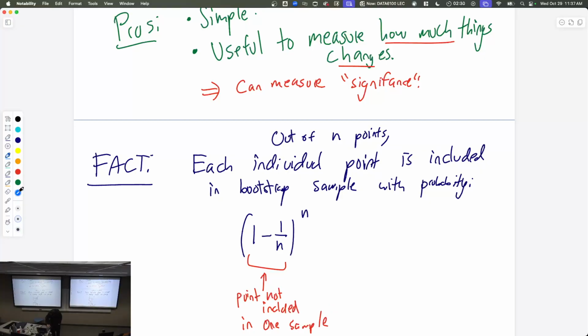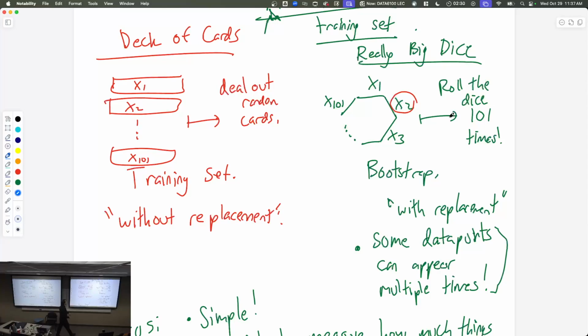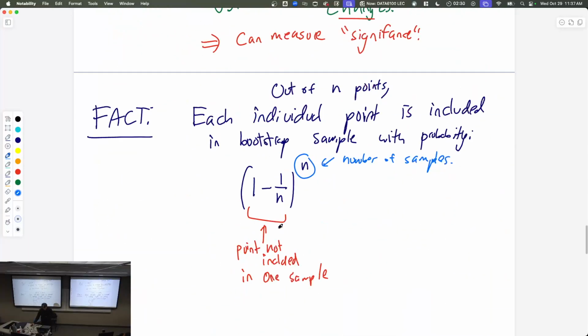And then n is the number of samples. Okay, so you're rolling this dice and you're saying, hey, what's the chance that I roll this dice and x2 never comes up? Well, in one individual roll, the chance of x2 not coming up is 1 minus 1 over n, right? If there were 100 points, it would be 99 out of 100. And then we do that 100 times, the number of samples. So we roll the dice 100 times.